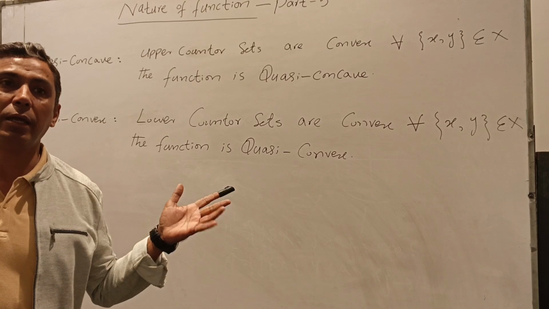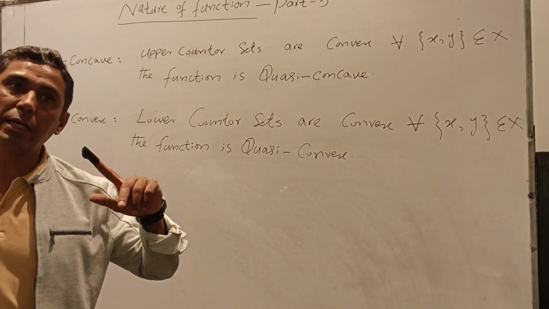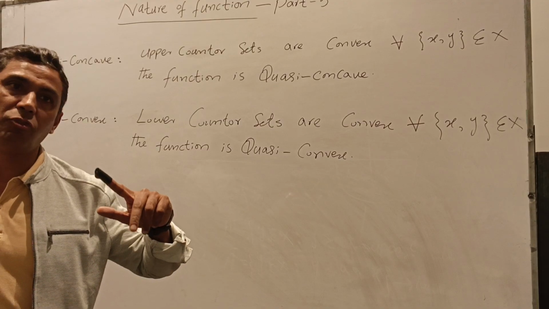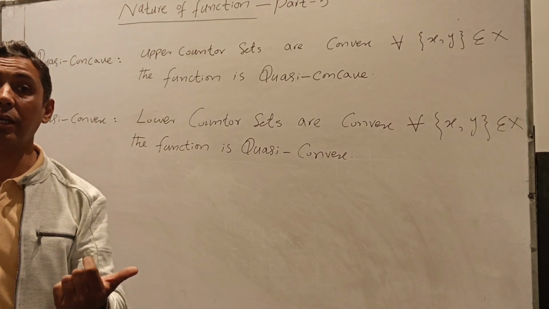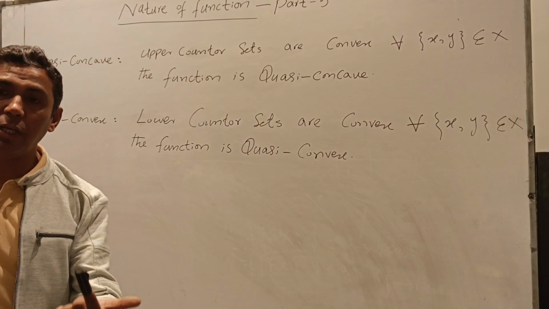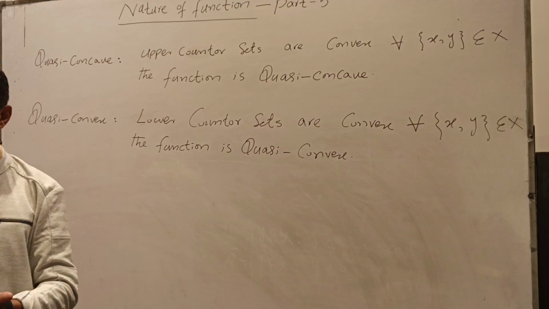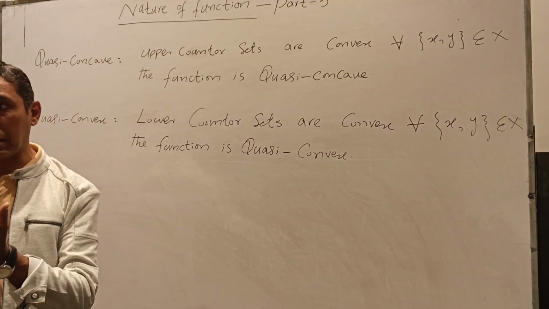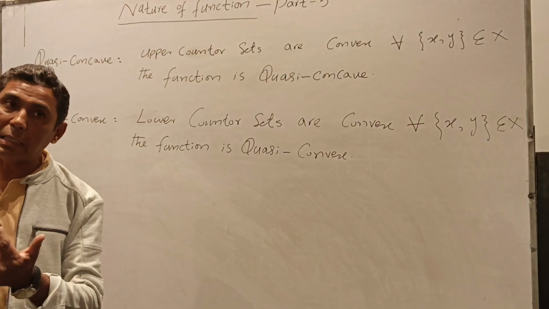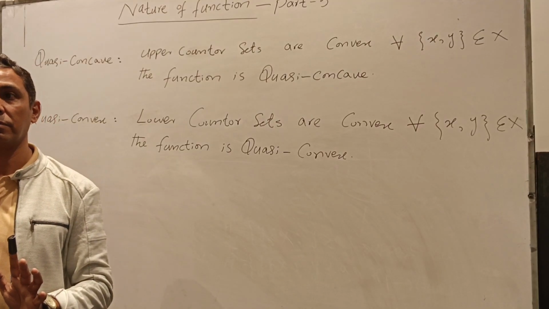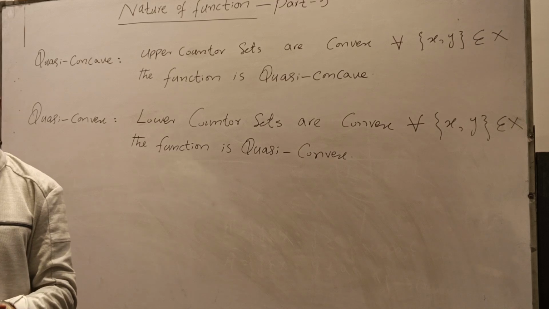Similarly, every convex function will be quasi-convex, but vice versa is not possible. It is not necessarily true that every quasi-convex function will be first convex; it may be convex, it may be concave, or it may be linear. Vice versa is not possible in both cases. Clear?